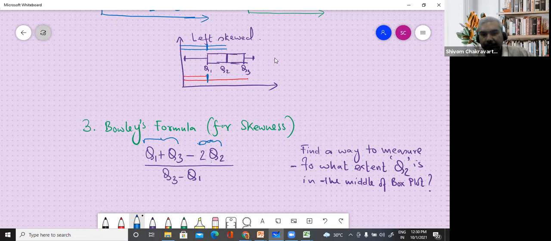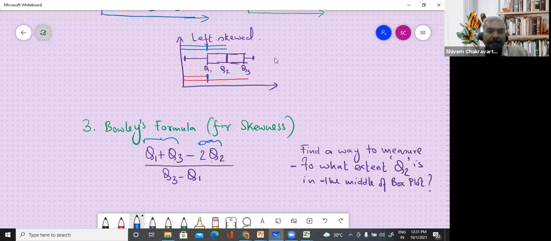Depending on whether it is towards the right or towards the left, this will give a measure of how skewed the data is. Basically, we are trying to measure to what extent Q2 is in the middle or away from the middle.